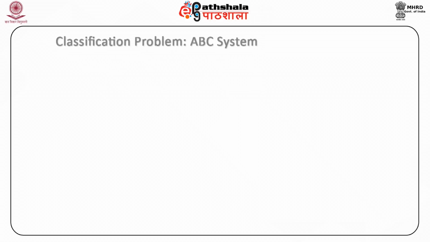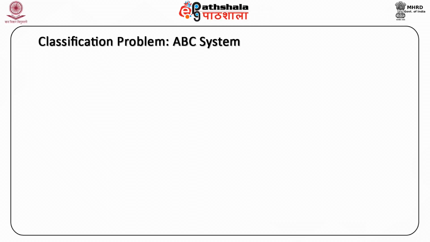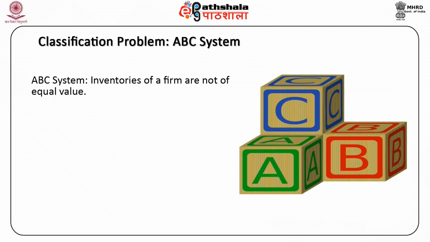The first is the classification problem. Classifying the inventory into various categories determines the type and degree of inventory control required. ABC system is an inventory categorization technique which suggests that inventories of a firm are not of equal value.